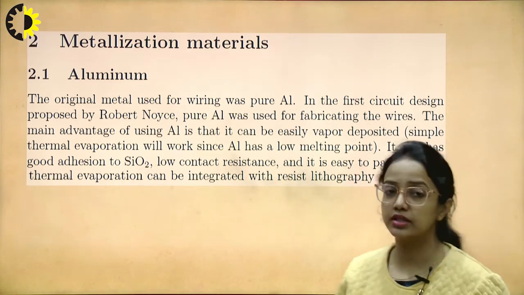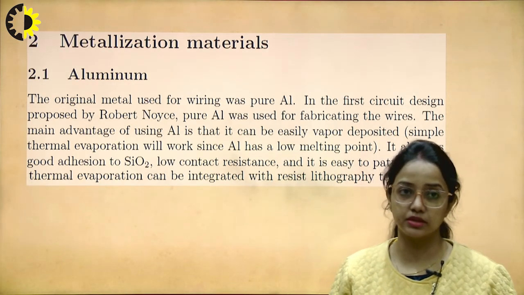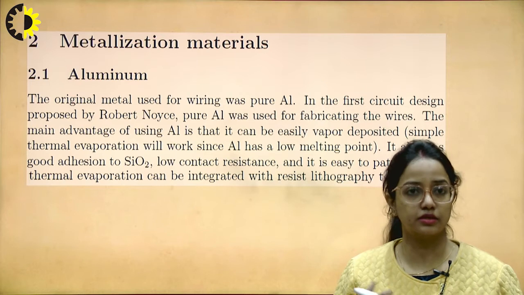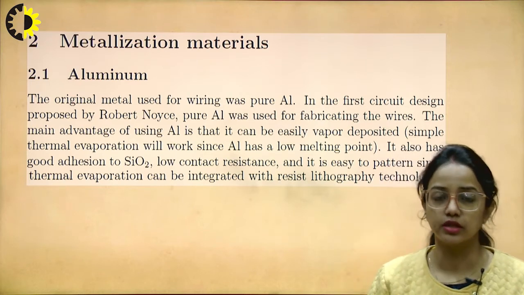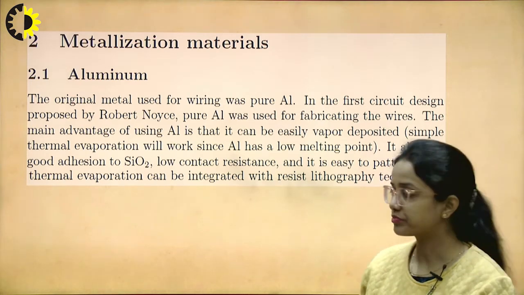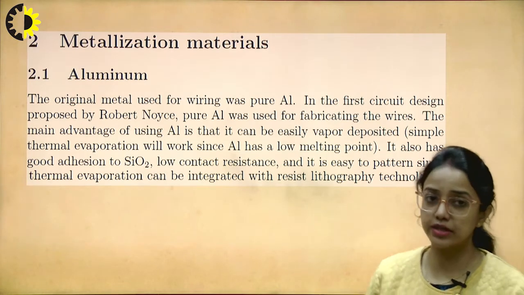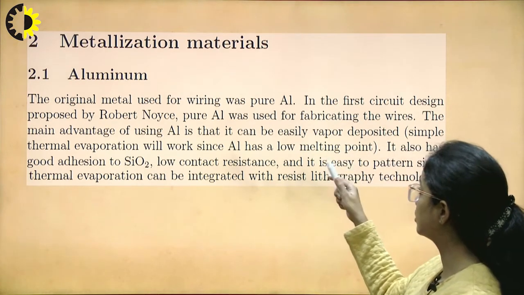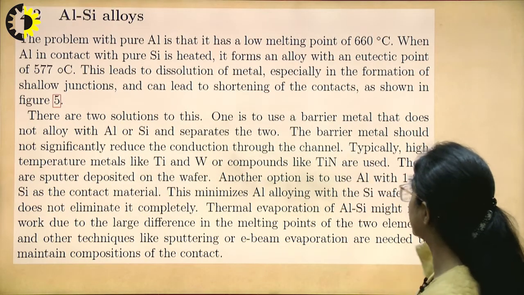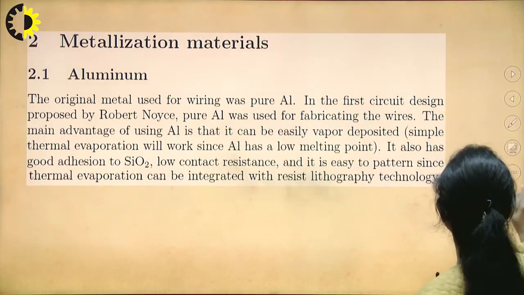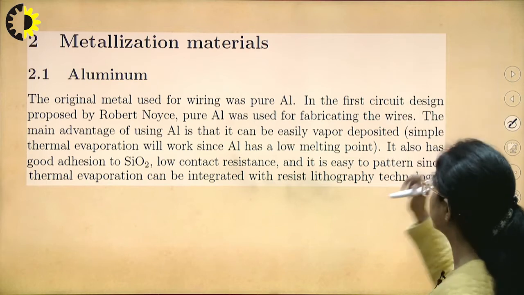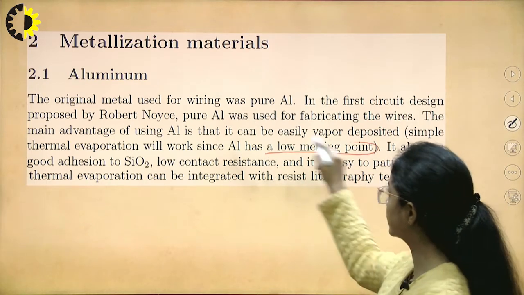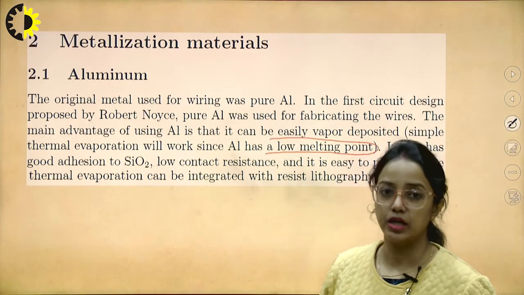So we have studied why aluminium is the most common material at the start of this evolution, because aluminium has a property using which it can be deposited very easily. Since it has a low melting point, we can very easily deposit aluminium.